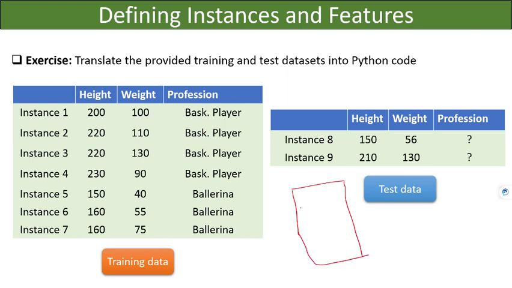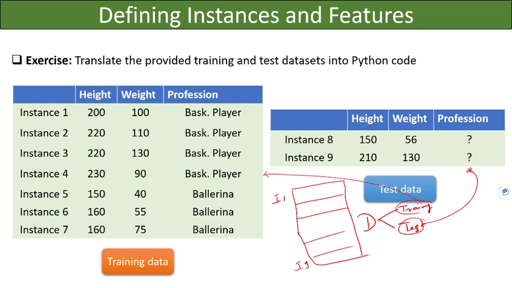How many instances were there in this data set? 9 instances, starting from instance 1 until instance 9. I'm calling this data set D, and I divided it into a training data set and a test data set to build my machine learning model. My training data set is given here, and my test data set is this. This is what I did in this slide.